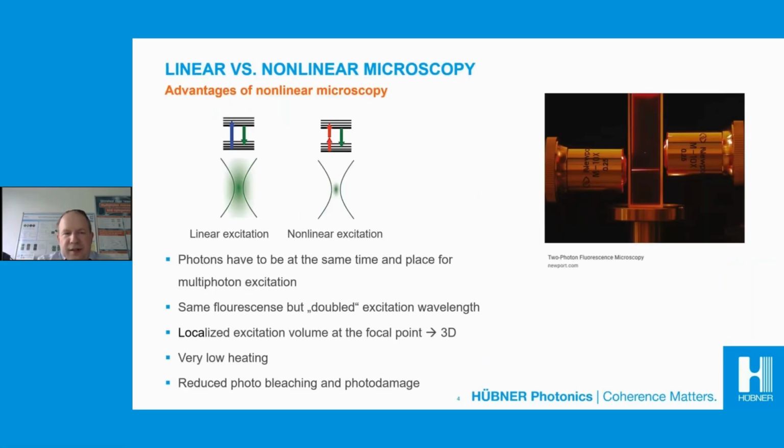If we compare a linear excitation and a nonlinear excitation, we can just think about energy levels. In the linear case, you just have one wavelength to excite a molecule, and finally you will get some kind of fluorescence.